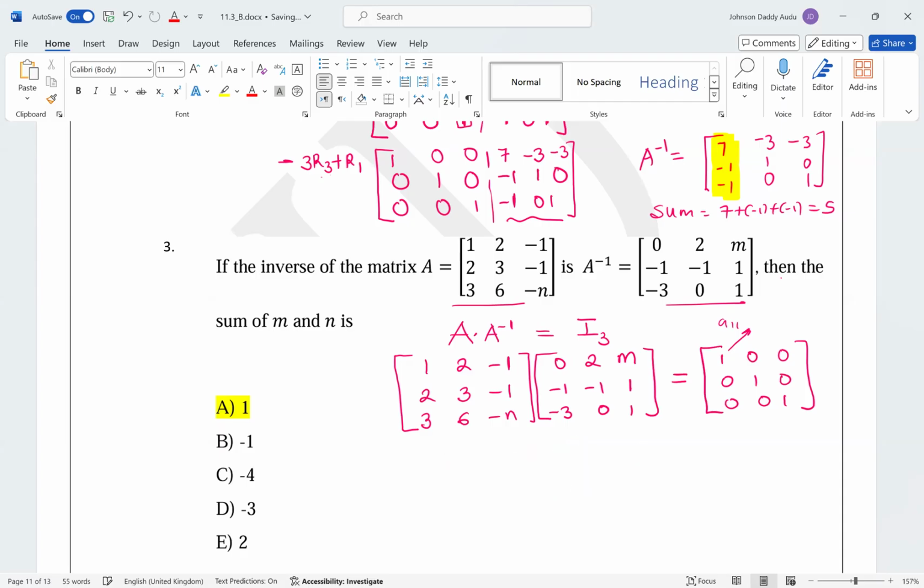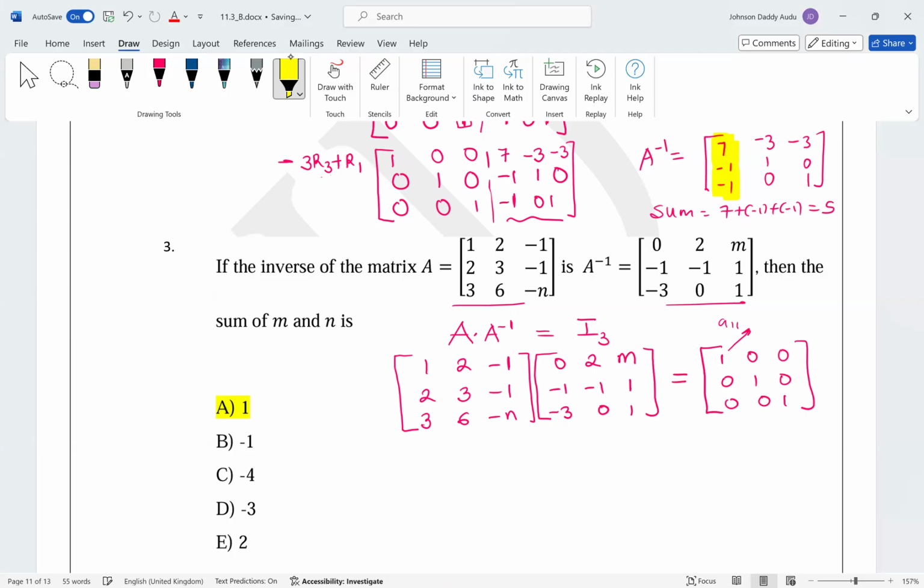So you look at where do you have n? This is n. N is coming from the third row, right? So you can do it like this. If you multiply the element in the third row, and maybe you can use the first column, it's okay. What will this element give you? This is row 3, column 1, right?